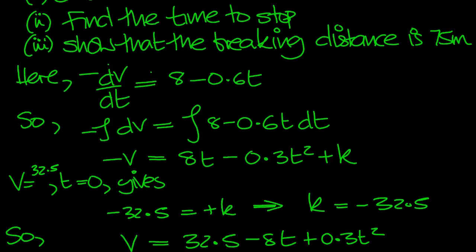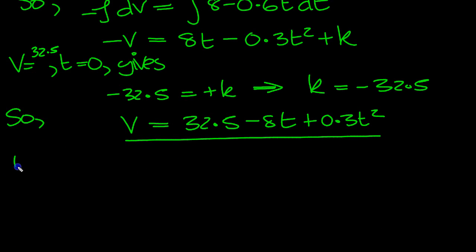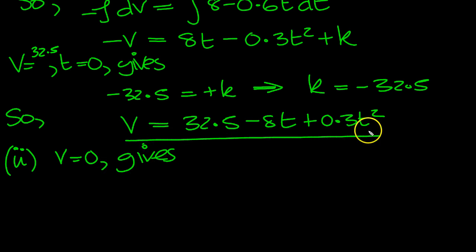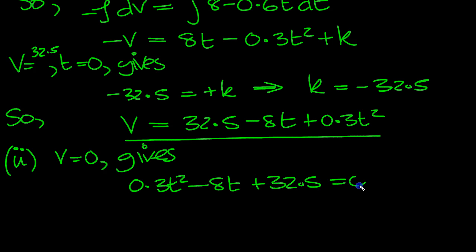Find the time to stop, part 2. So when does v equal 0? That's when it stops. So we get 0.3t squared minus 8t plus 32.5 equals 0.